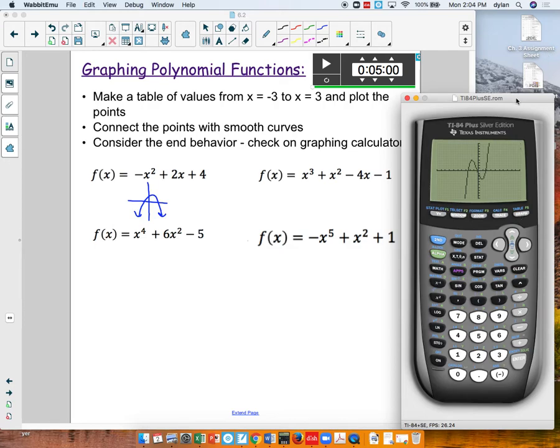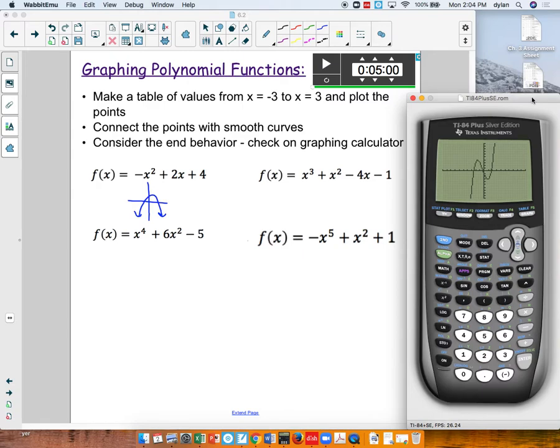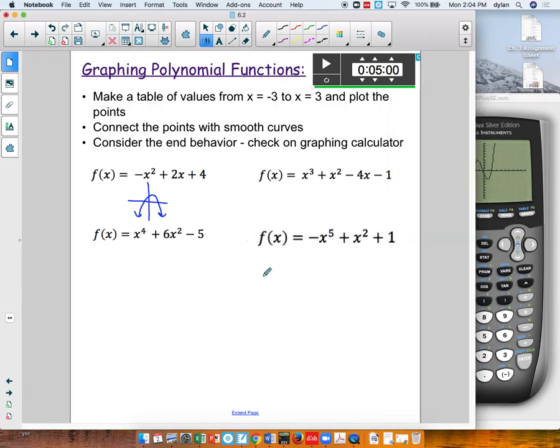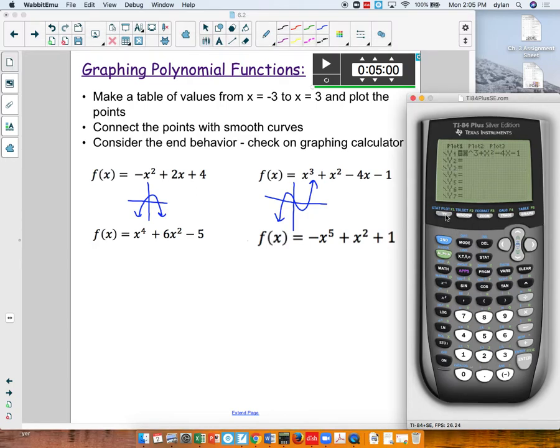It has a few turnover points that create bumps on the graph. This one will go on infinitely. So we've got a function that looks like that.